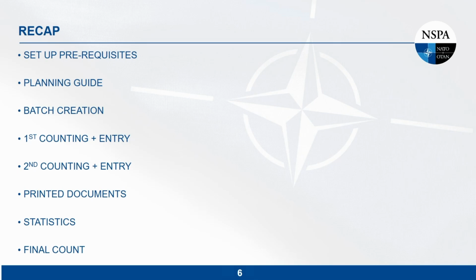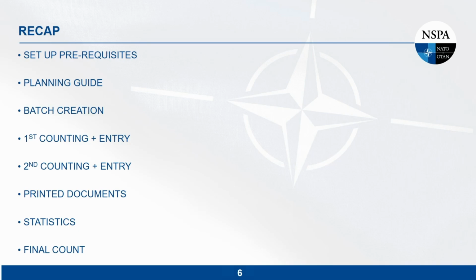The requisite of the current cycle year, so for the year 2024, making sure that the previous year has been closed. I showed you how to create a planning guide, a batch creation, how to print the first counting list, the control list, and the batch inventory list.